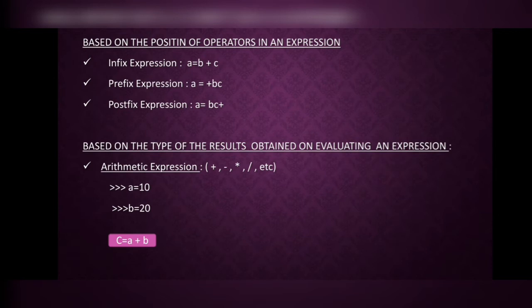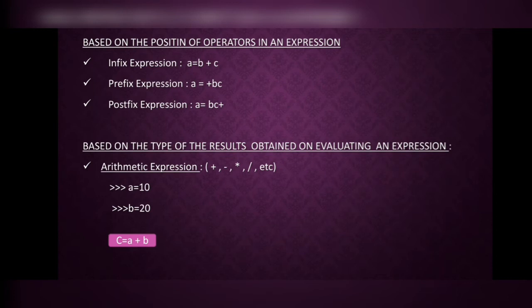Next, based on the type of result obtained on evaluating an expression, Python supports four types of expressions: arithmetic expressions, relational expressions, logical expressions and conditional expressions. First, we see about arithmetic expressions.